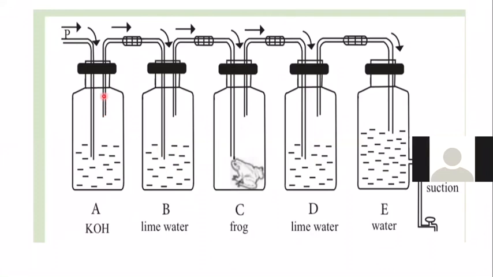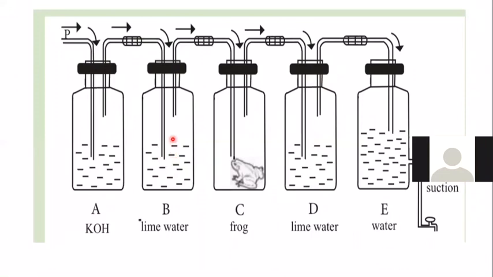Normally air comes out from here and goes to the lime water, and if carbon dioxide is there, it should become milky. You learned in grade 6 that lime water becomes milky due to the presence of carbon dioxide. Because of the absence of carbon dioxide, there is no change in the lime water.